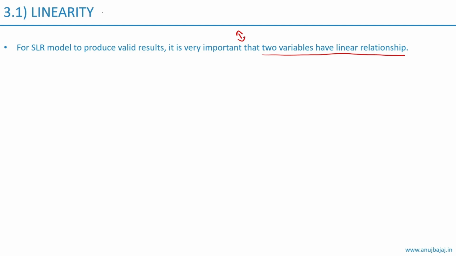For example, if the independent variable increases by 1 unit, then the dependent variable is said to increase by 3 units. So, if the independent variable increases by 2 units, the dependent variable should increase by 6 units. In such a case, we refer to the relationship as a linear relationship.